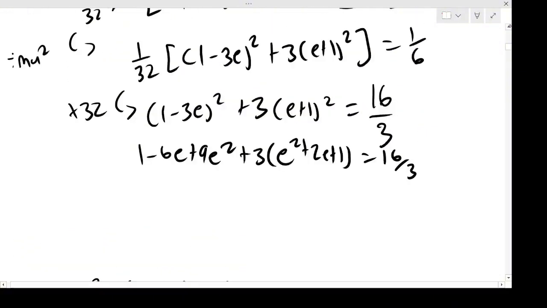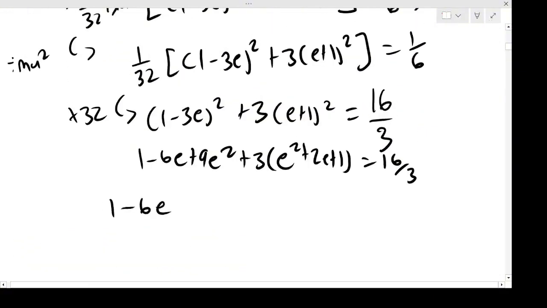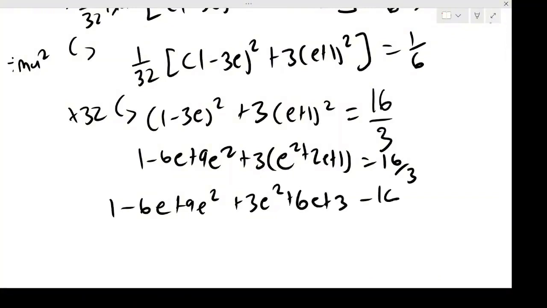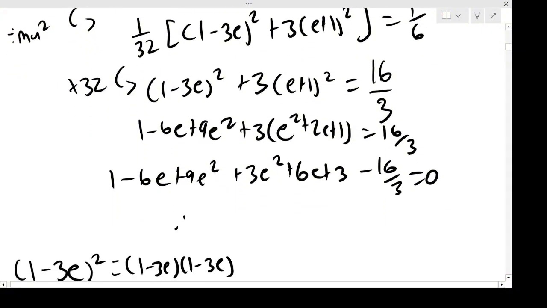Then we can clean this up. We get 1 minus 6e plus 9e squared, add 3e squared, add 6e plus 3. Then I subtract 16 over 3 to the other side, and that's going to equal 0. Eventually we get 12e squared, and then minus 6e plus 6e cancel.